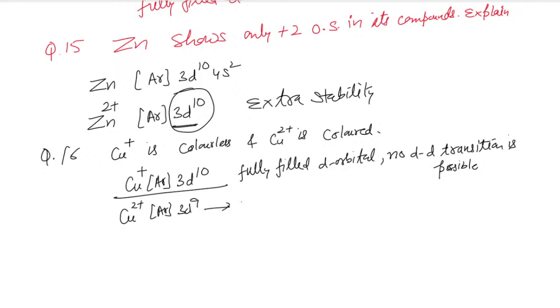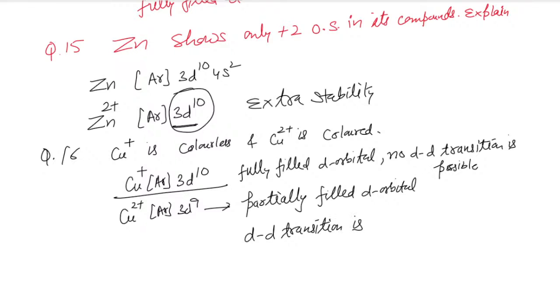While in copper 2+ it has a partially filled d orbital, d-d transition is possible. So this is the reason that copper 1+ is colorless and copper 2+ is colored. Right? Okay.